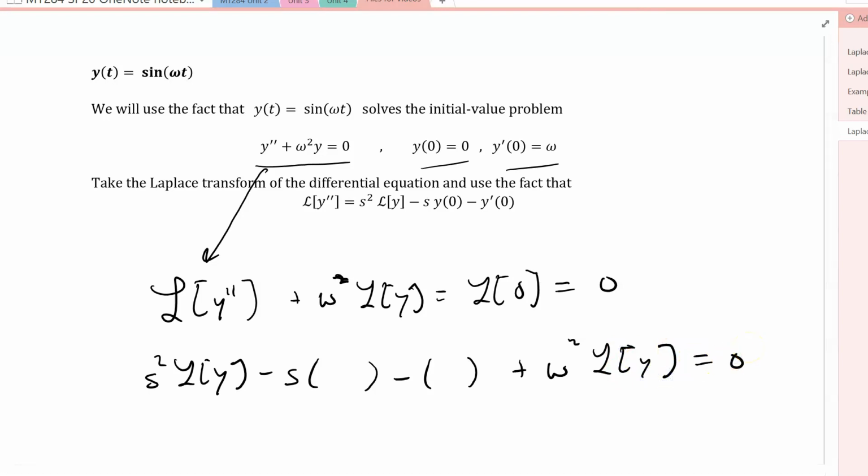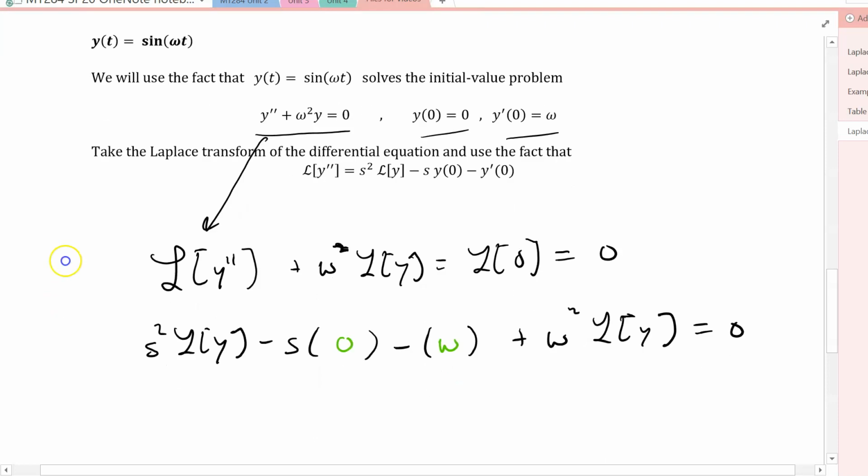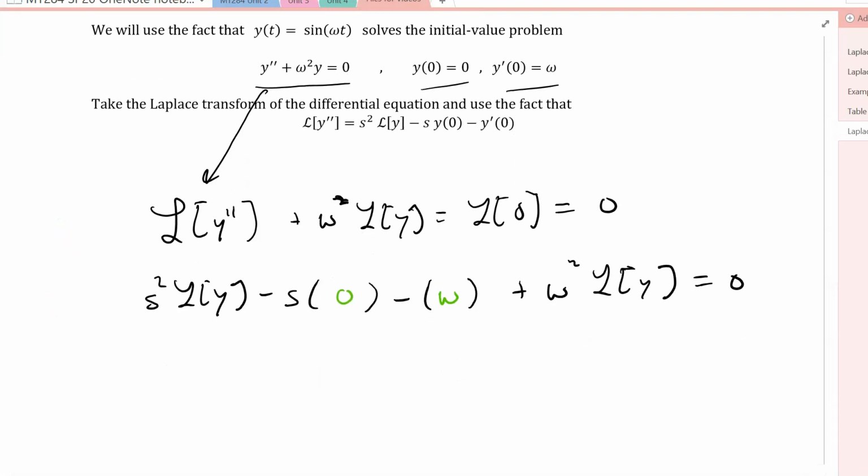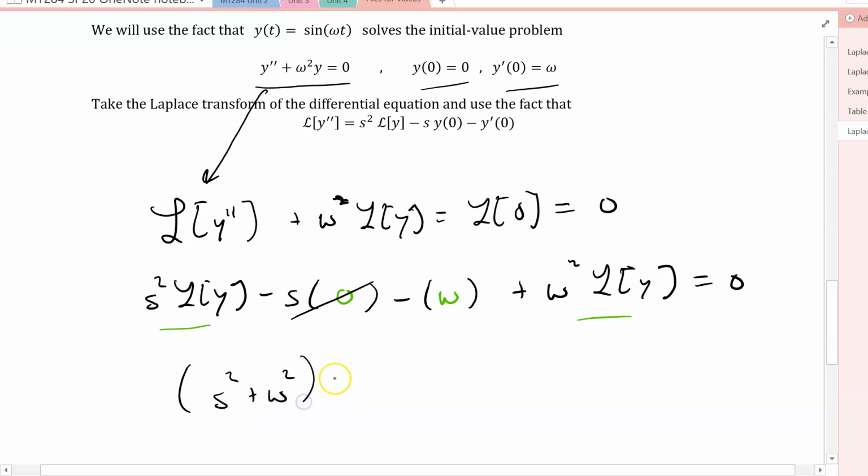Now let's substitute in the initial conditions. Y of 0 was 0 this time. Y prime of 0 is omega. That's a little different than what we saw in the previous work for cosine. Now this term is 0, so let's get rid of that one. Let's factor out the Laplace transform to combine these two terms together. That will give us s squared plus omega squared times the Laplace transform of y minus s equals 0.